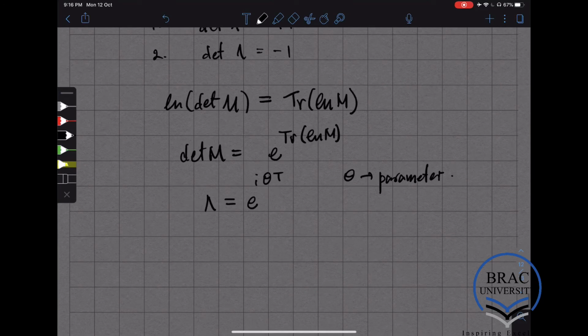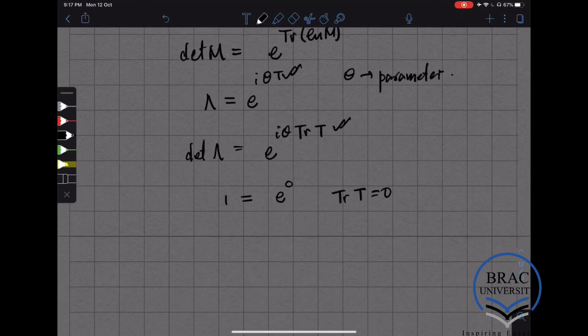Then the determinant of lambda is e to the power i theta trace of T. Now, if I say the determinant is plus 1, then the solution is that the trace of T has to be 0. In other words, this matrix T has to be traceless.